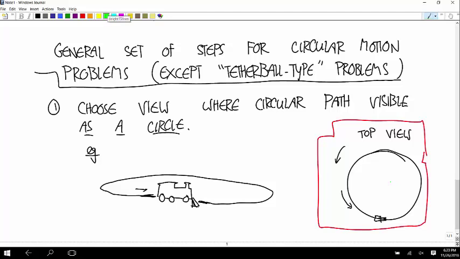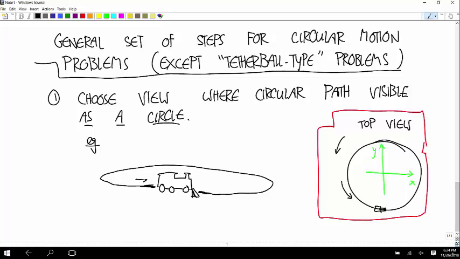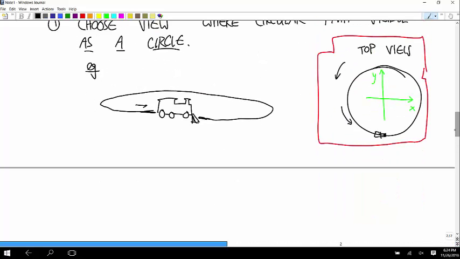And like I said, what that really means mathematically, because the way you're looking at a problem doesn't have any mathematical impact on the problem, is that your coordinate system is in that plane. And so all your vectors are going to be defined in that coordinate system. Then the second step is to choose a point on the path that you're going to analyze.